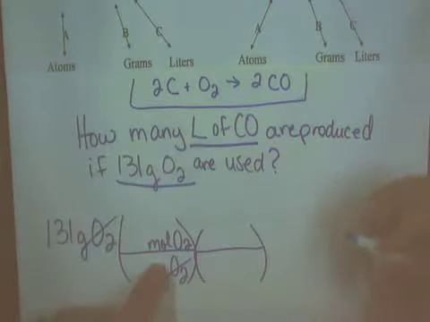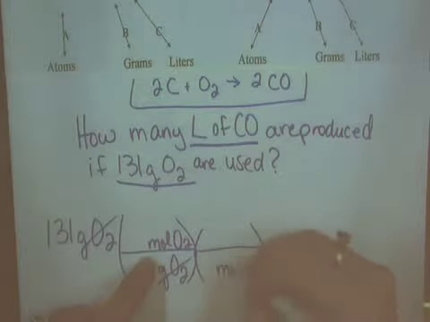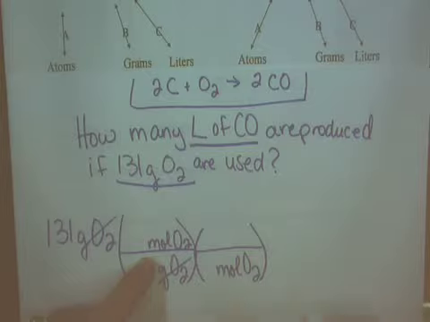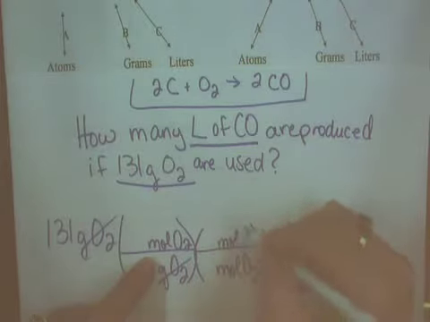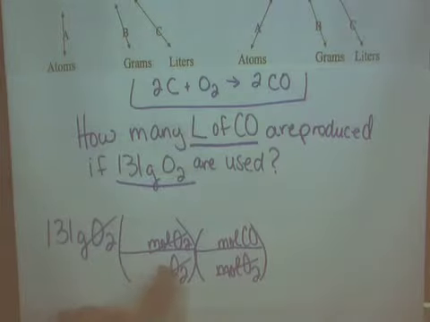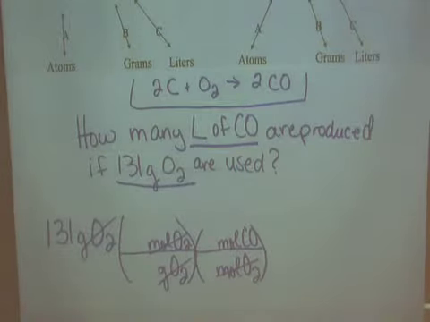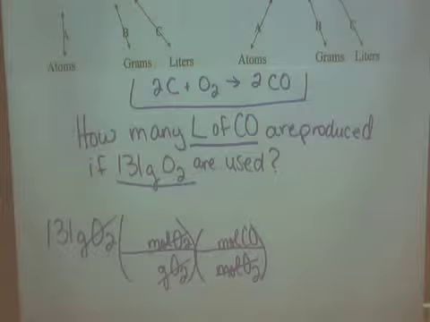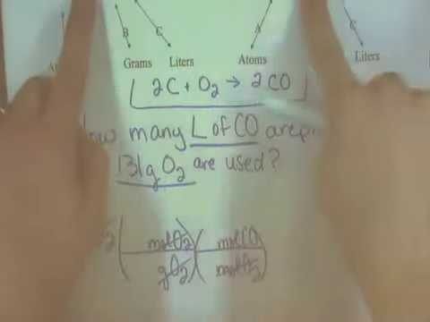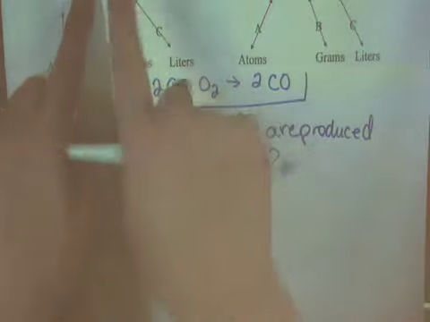So what has to go on the bottom? Now, will the top be moles of CO? Absolutely. The top's going to be moles of carbon monoxide because my moles of oxygen cancel. The other chemical has to be in the balanced equation, you're right about that.